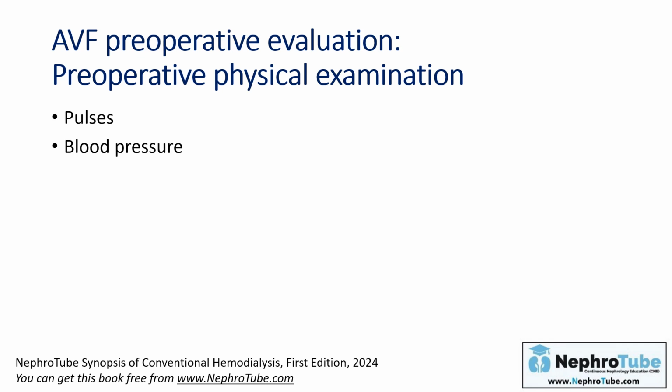And we know that there may be a difference in the blood pressure between the two upper limbs, but it is accepted to be less than 20 millimeters of mercury. If the difference in pressure between the two arms is greater than 20 millimeters of mercury, this indicates that there is a problem in the vessels of this patient, and we have to do imaging, as I will mention later.